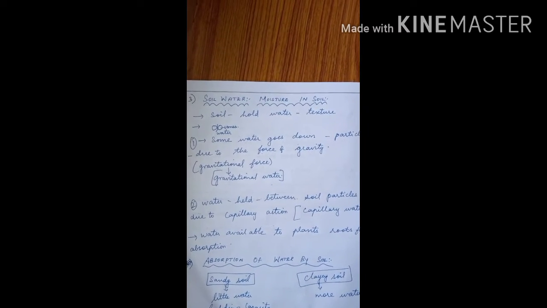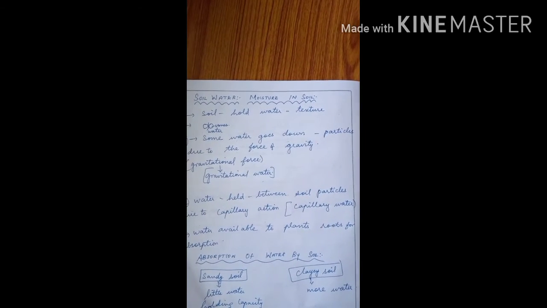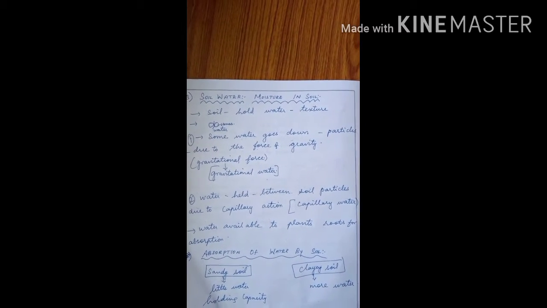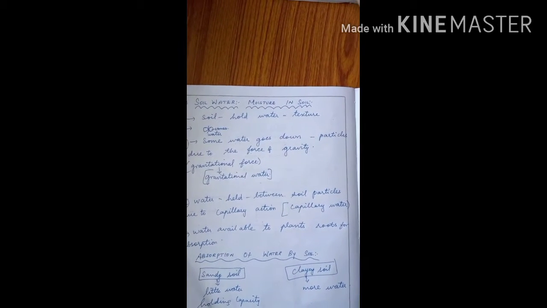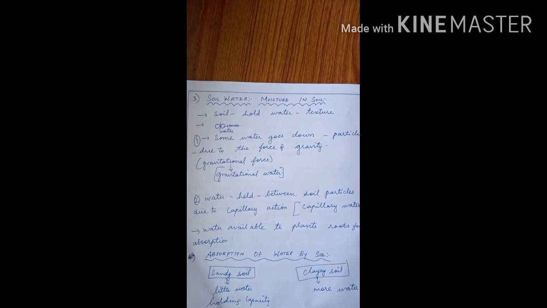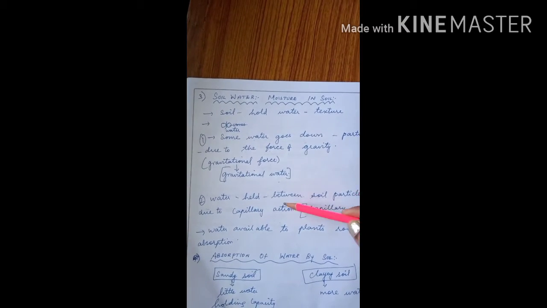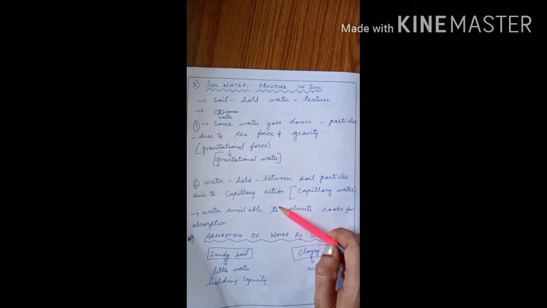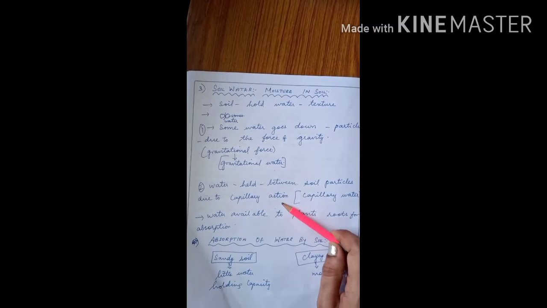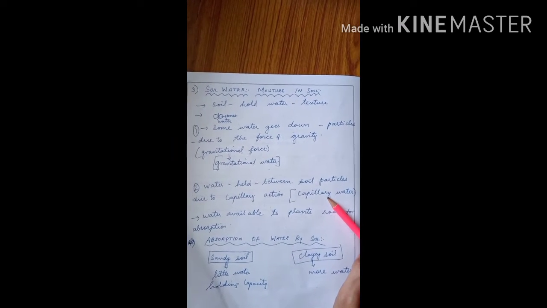The water holding capacity of the soil depends upon the texture of the soil. Some water goes down between the particles due to the force of gravity. This water is called gravitational water, and some water which is present between the soil particles due to capillary action is called capillary water.